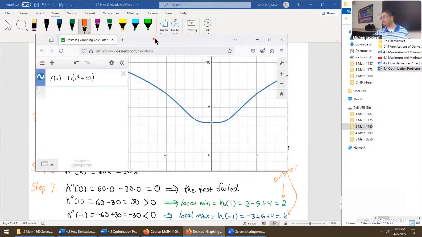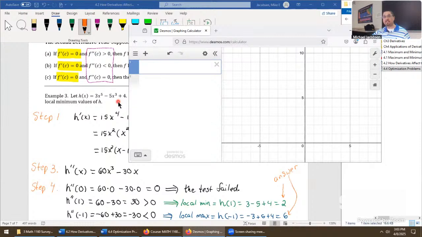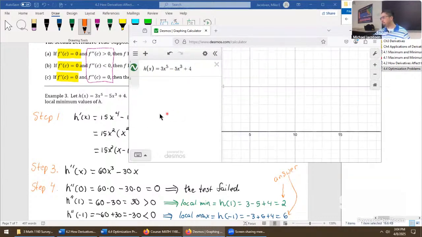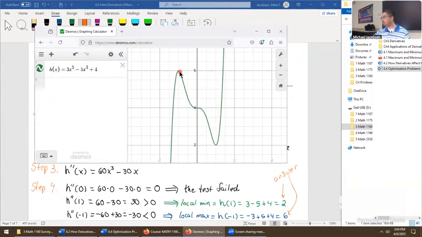But here's the fun part. Let's see just how close we got to getting our expectations met by plotting the function itself. h of x is 3x to the power 5 minus 5x cubed plus 4. So I definitely see 3 critical numbers there. A critical number occurs on a horizontal tangent, and it's horizontal up here, it's horizontal over here, and it's also horizontal there.